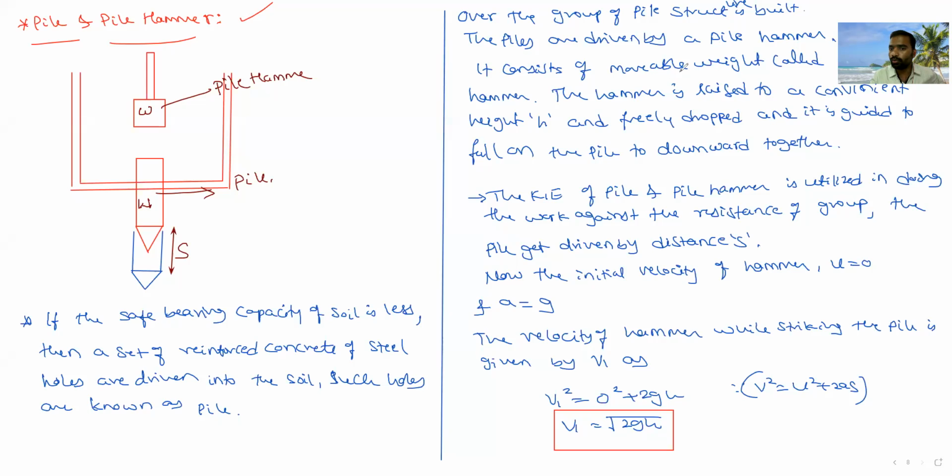It consists of a movable weight, which is called the hammer. The hammer is raised to a convenient height and freely dropped, guided to fall on the pile in the downward direction together. The kinetic energy of the pile and the pile hammer is utilized in doing the work against the resistance.